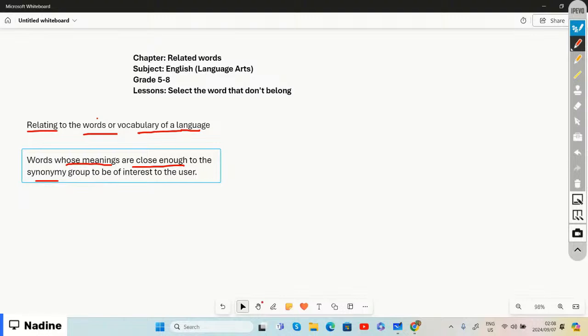Or synonymy group to be of interest to the user. So which means that it's where the meanings are almost the same, right? And that is why we say it is related words, not the actual word, but because of the meaning of the words that are almost the same.